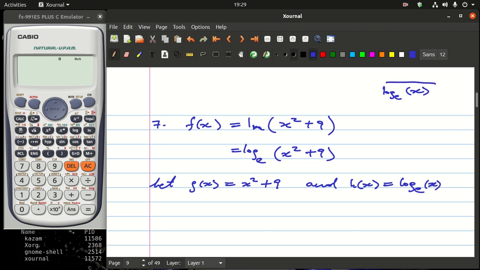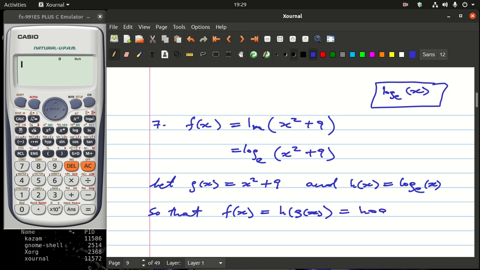Like I'm trying to track the basic function that I know. So this is the inside function that is sitting there, and then I replace it by x, I get that. So our f of x is going to be equal to h of g of x, which is the same as the composite of h and g.